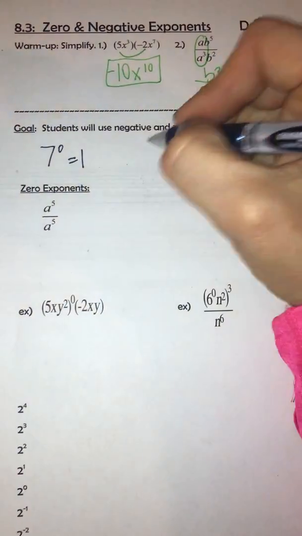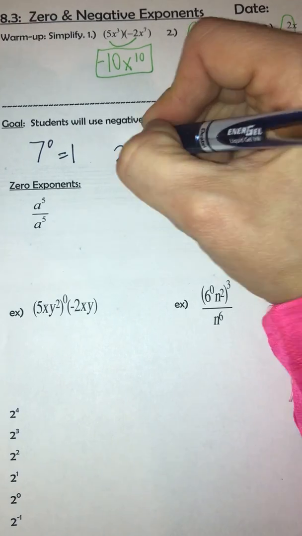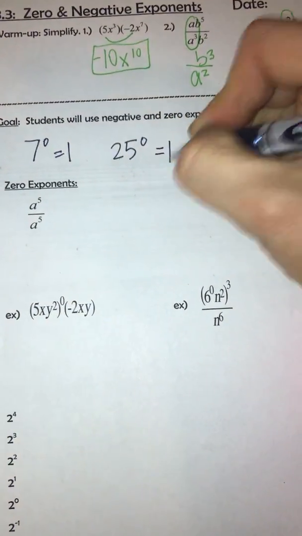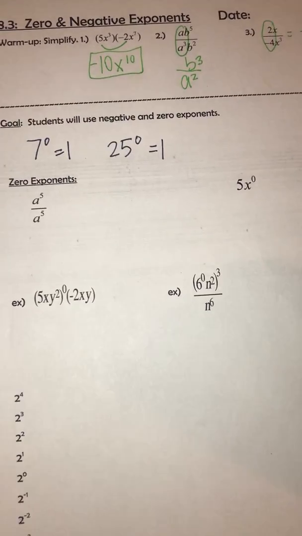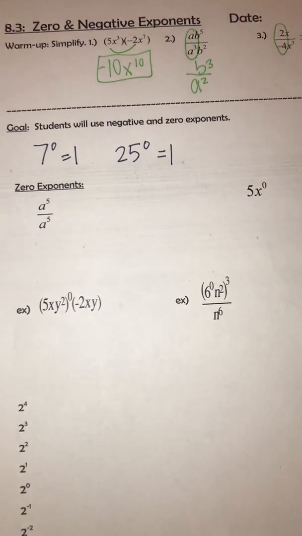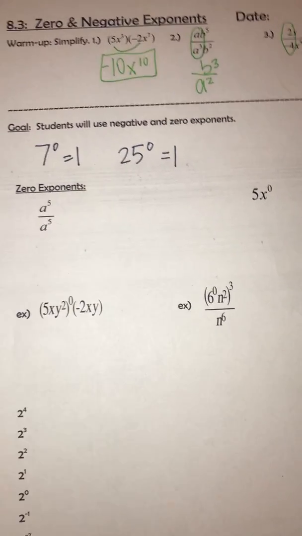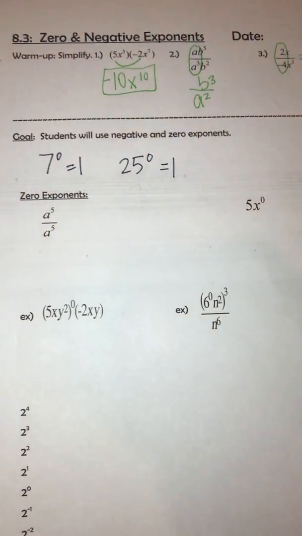That's kind of strange. So try another number, like 25 to the 0 power. Your calculator is also going to say 1. It doesn't matter what base I'm using. If I have a 0 exponent, it's always going to equal 1.